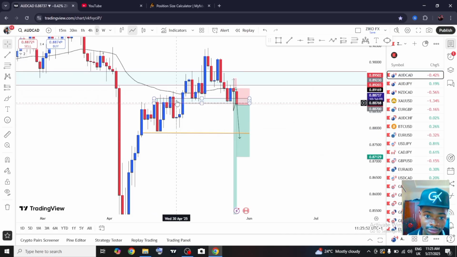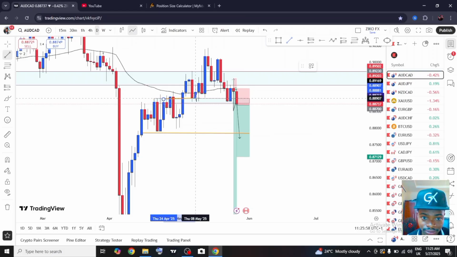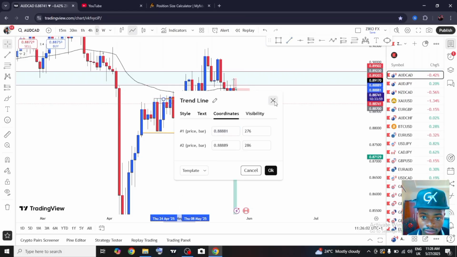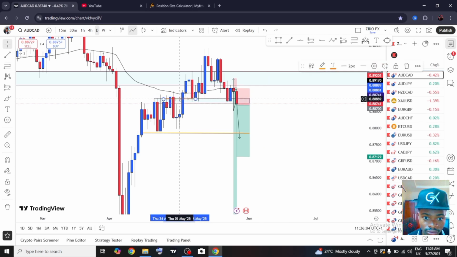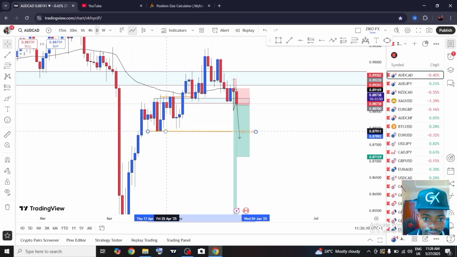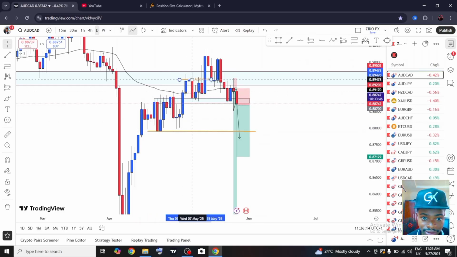So price broke above right here, now making this market bullish, right? If this is the high, if you trace it, this is now the low. Price breaks above again, this is now the higher high right here.